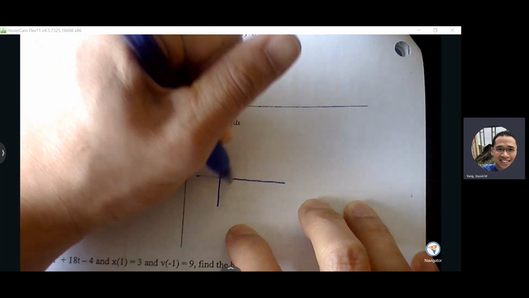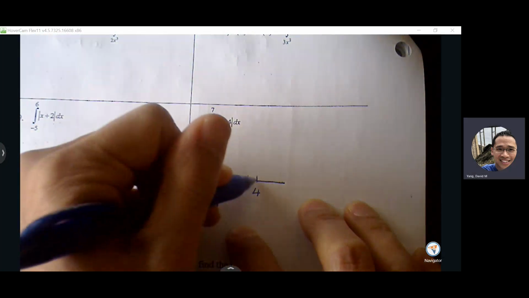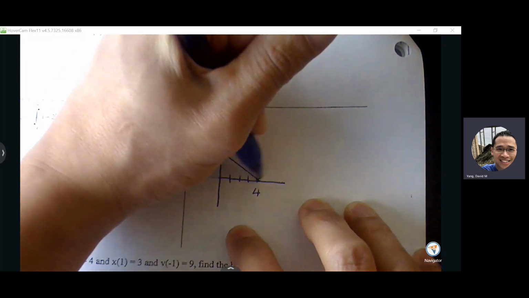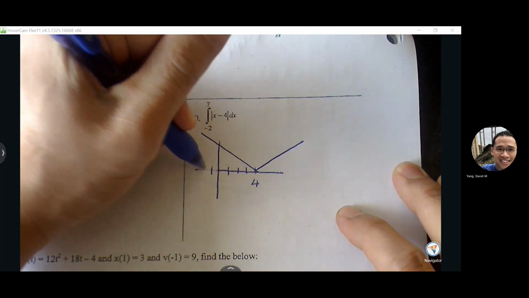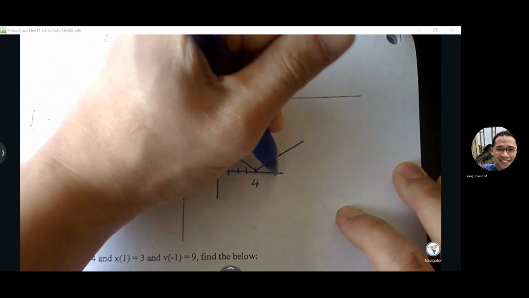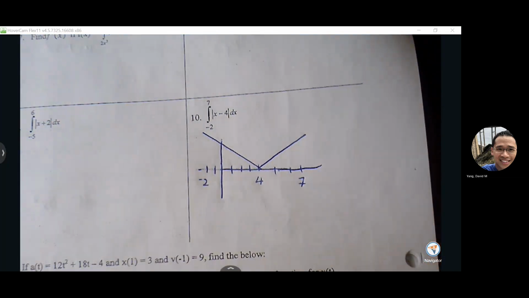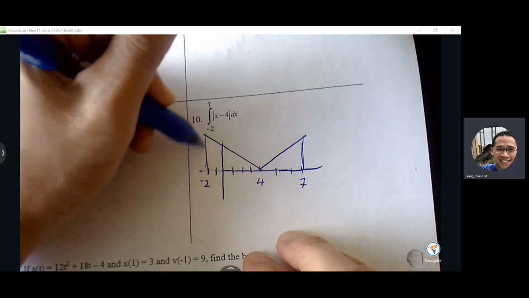At 4. So I'm going to extend from -2 all the way to 7. Okay. Should be able to draw your two triangles.